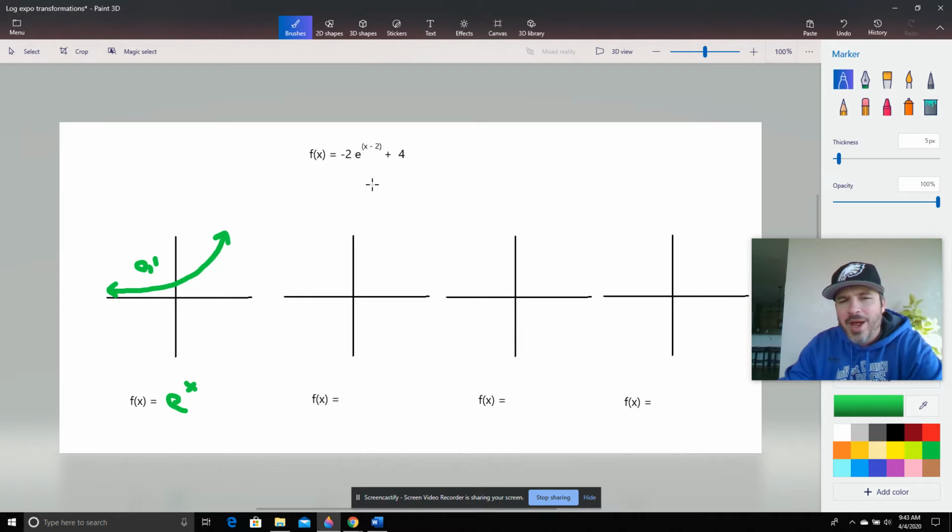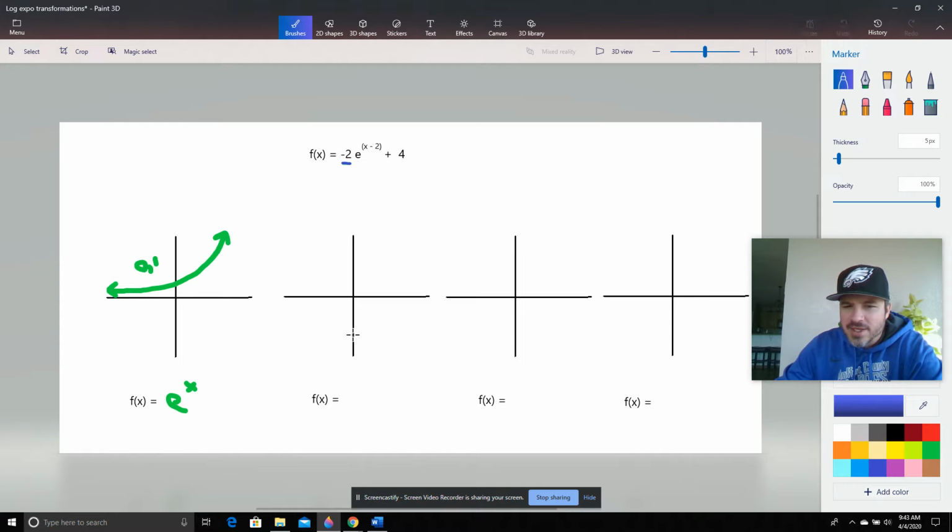Then from there, what I recommend when you're dealing with exponential graphs is I like to deal with this growth constant next. The growth constant applies right after you get an output. So if I put in 0, I get 1, and then I times it by -2.